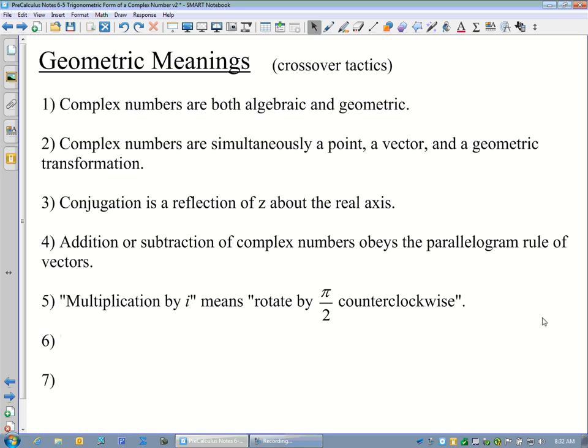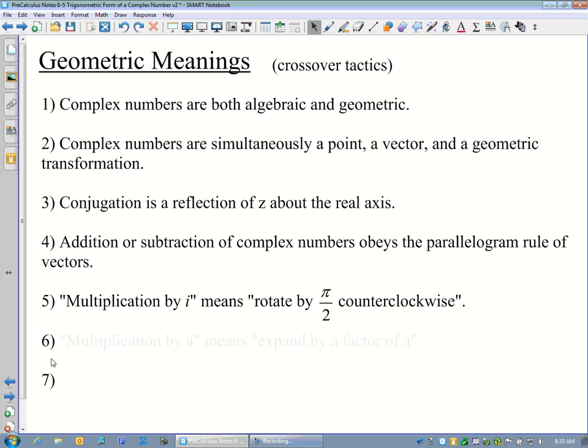If I multiply that number by i, that number now becomes 2i, which would be 2 units straight up, which is a rotation of that vector from 0 to 2 on the real number line. You rotate that vector about the origin pi over 2 radians counterclockwise, and you'll get a vertical vector, which is 2i. And that works for any vector or any complex number.